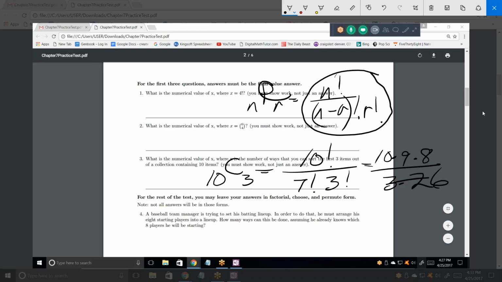What is that? 80 times 3 halves, that's 120. So that's how many ways you can sort 3 items out of a collection of 10 items.